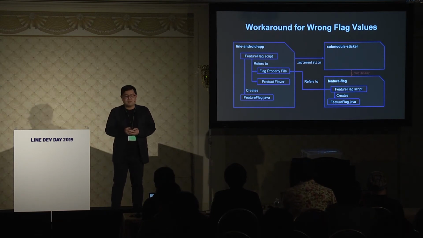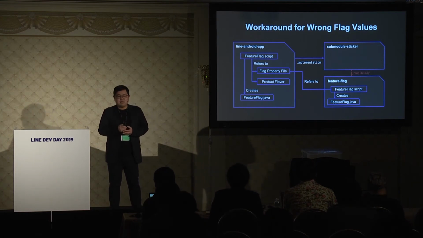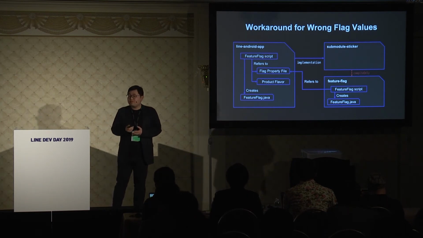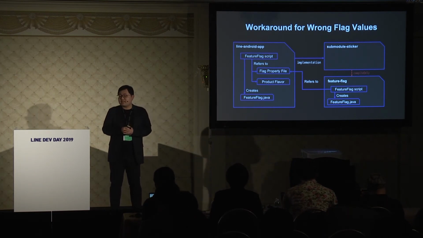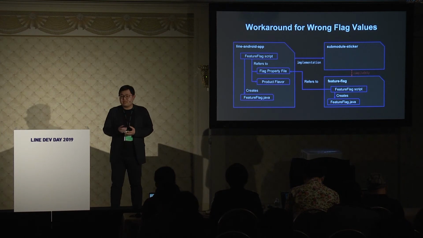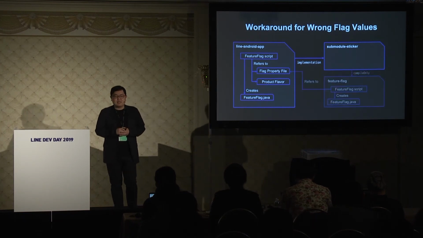So compileOnly refers to the class which it is depending on at the time of the compile. So the class is added to the class path, but when the actual execution of the code is carried out, this will not be included. So without including the actual binary, we could avoid this problem.